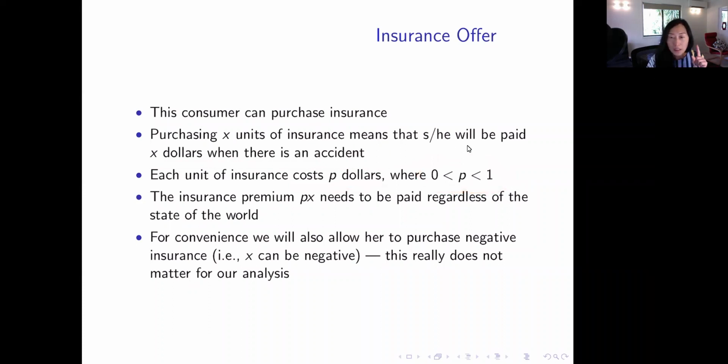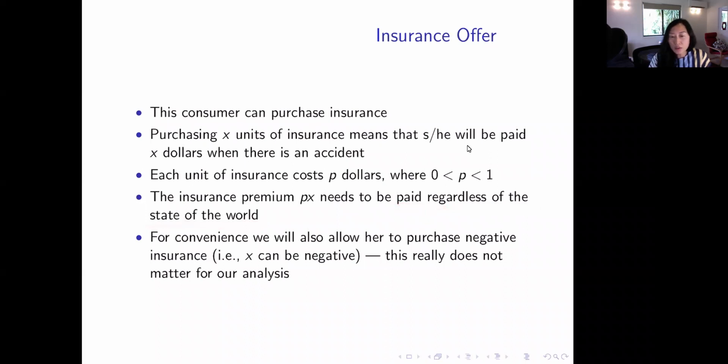So the insurance premium that this consumer has to pay is P times X. P is a fraction less than 1, X is in dollars, so P times X is smaller than X. And this insurance premium must be paid regardless of whether there is an accident or not.